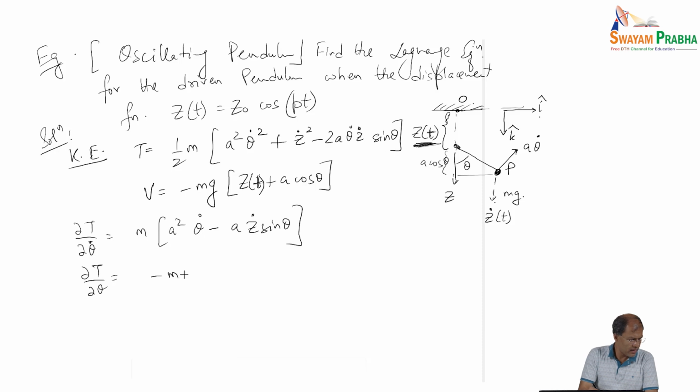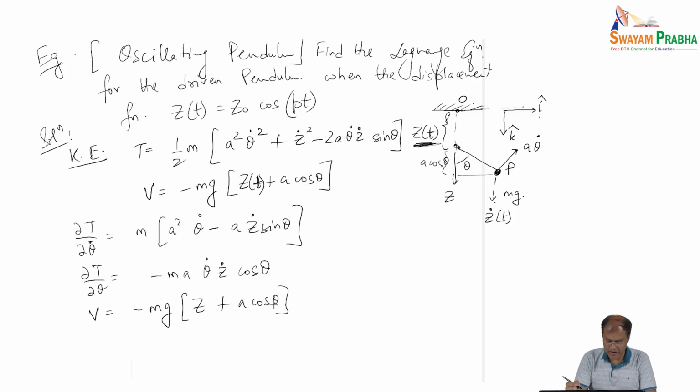We see that this is minus m a theta dot z dot cos theta. And the potential V is minus mg times (z plus a cos theta), right?